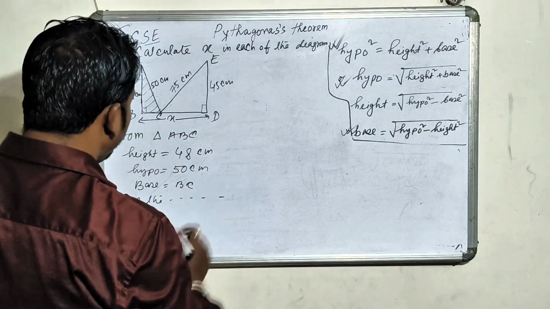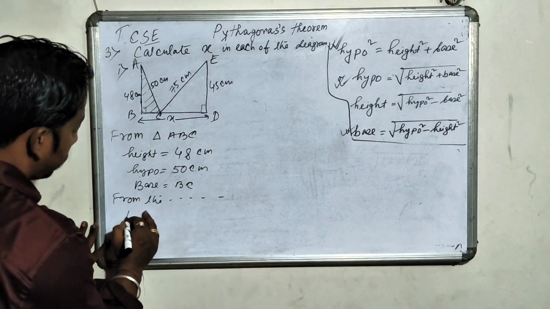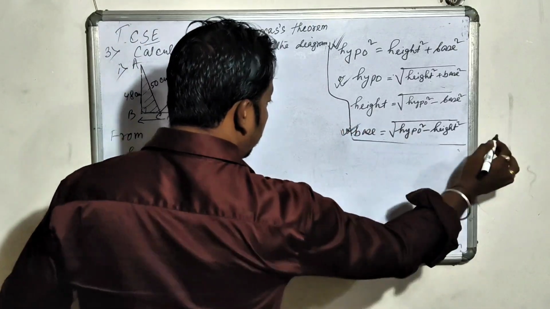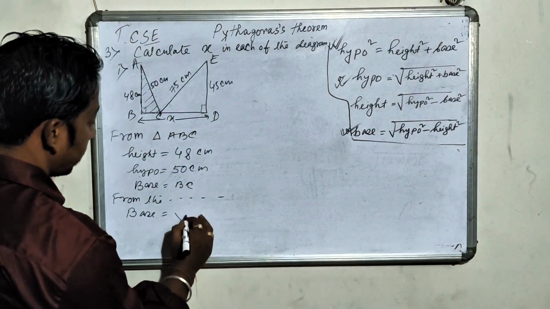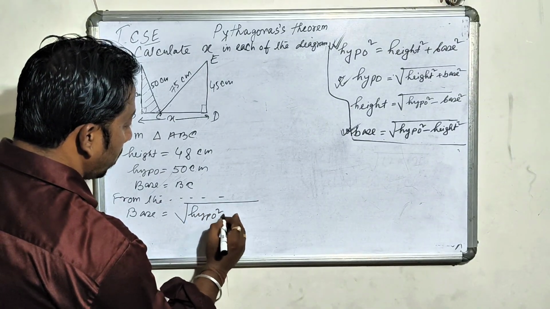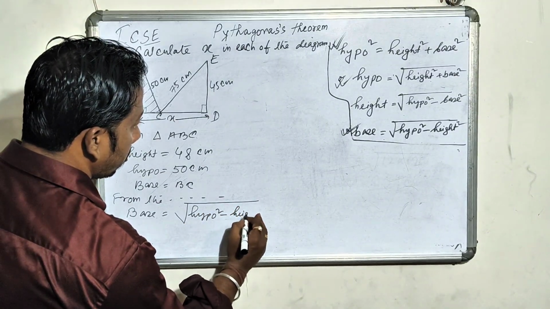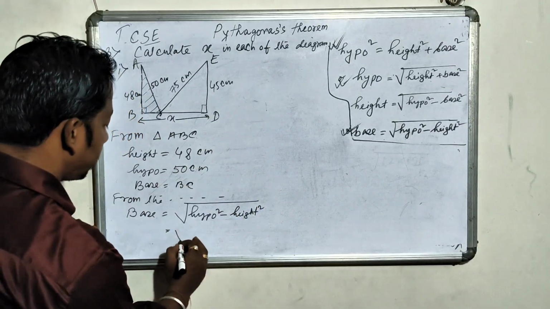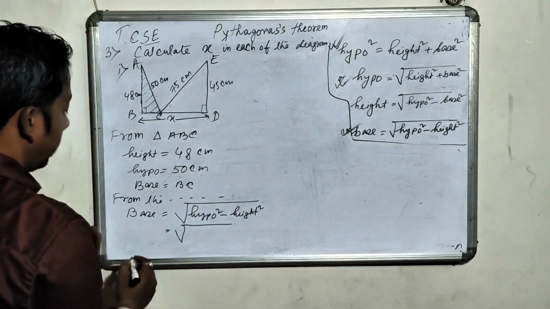So base equals, same rule, hypo square minus height square. What is the value of hypo?